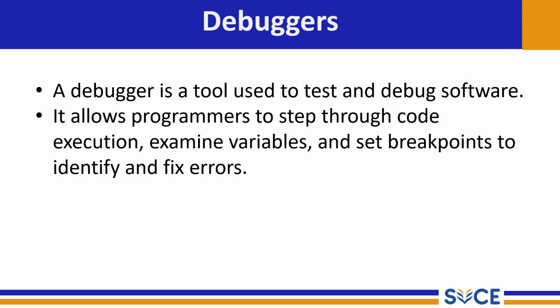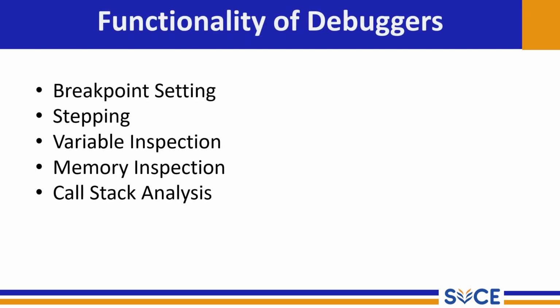And what are its functionalities? The first one, breakpoint setting; second, stepping; third, variable inspection; fourth, memory inspection; and fifth, call stack analysis. So debuggers provide a range of functionalities, including breakpoint setting, which allows the user to pause the program execution at specific points in the code.